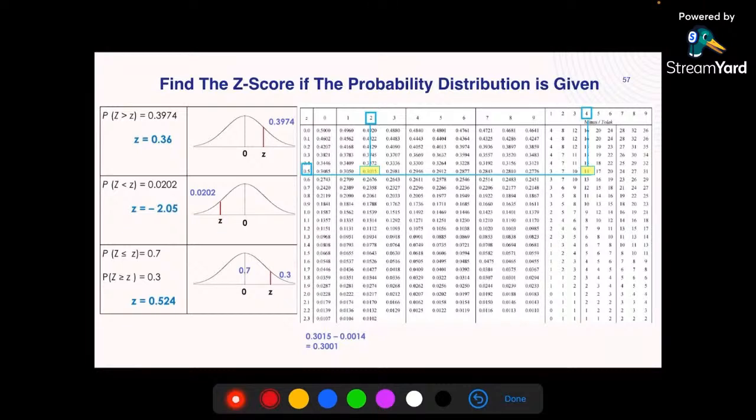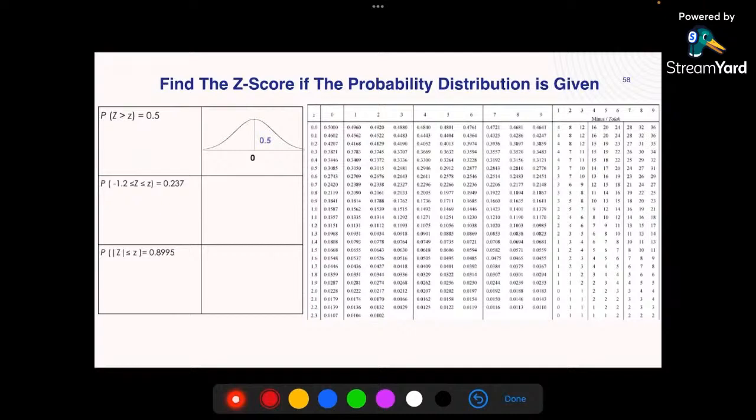Okay, next. Yang ini pula. Kalau yang ini pula, Z greater than Z 0.5. So this is the probability tau. Kalau probability greater than, so maksudnya dia mengambil half of this normal curve. So kalau kita tengok, so Z greater than maksudnya mestilah dia punya Z dia berada di sini.